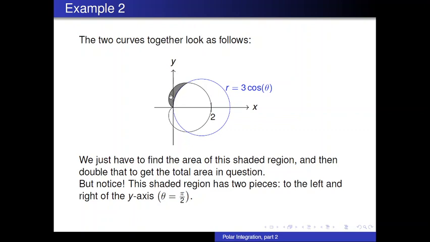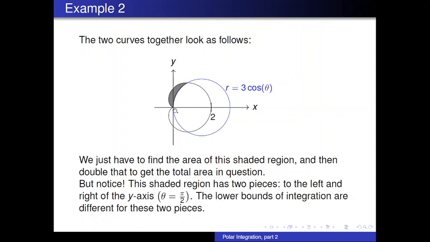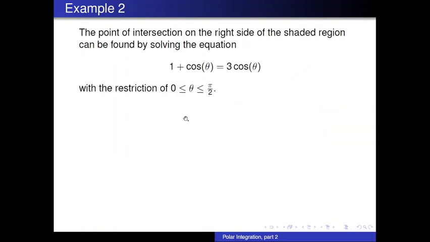So there's going to have to be two different integrals here. And what is the angle that gives us the y-axis? I believe the angle is theta equals pi over 2, right? So before pi over 2 and after pi over 2, we're going to have different r bounds. The lower bounds of integration for r are going to be different for those two pieces. Okay, so let's watch it go.